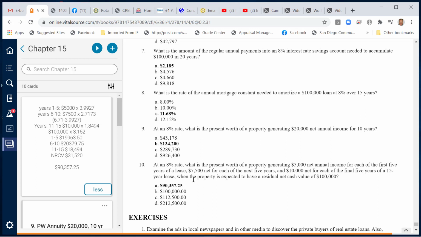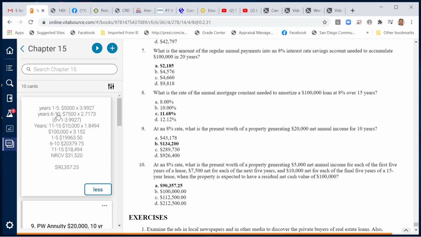And then additionally, the property is expected to have a residual net cash value of $100,000. So in a nutshell, we're going to have 4 values to add up to come up with that total value.